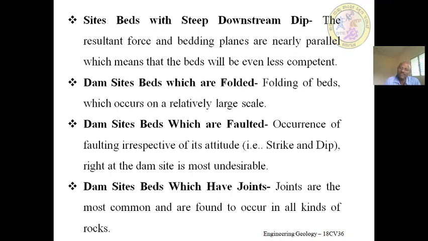Dam sites with faulted beds. Occurrence of faulting, irrespective of its attitude, strike and dip, right at the dam site is most undesirable. So we almost always avoid fault zones near dam sites. Dam sites with jointed beds. Joints are the most common and are found to occur in all kinds of rocks.